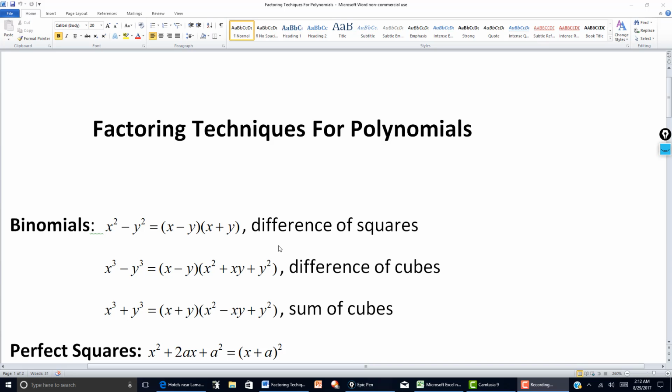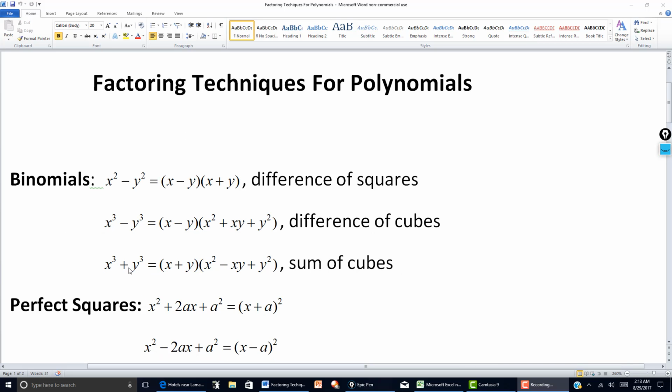The next one is the difference of cubes, which factors into the difference of the cube roots, x minus y, and then the first root squared, x squared, plus the product of the two, x times y, plus the square of the second root. For the sum of cubes, it's very similar, except notice the sign change: x plus y, x squared minus xy plus y squared.